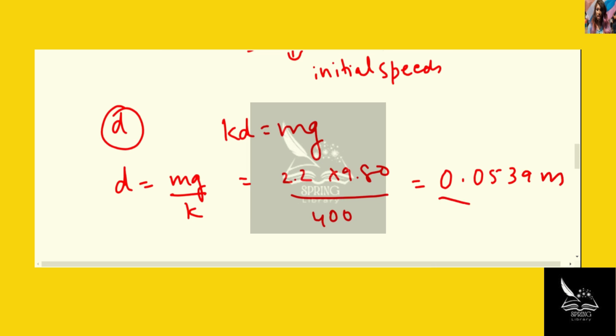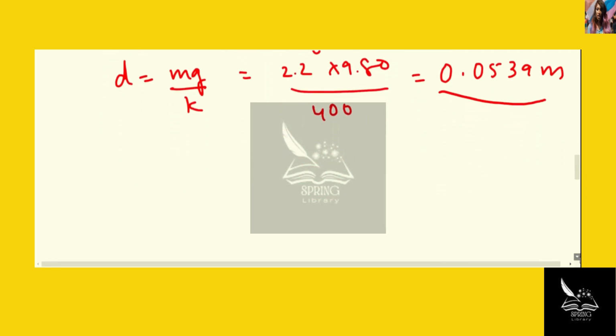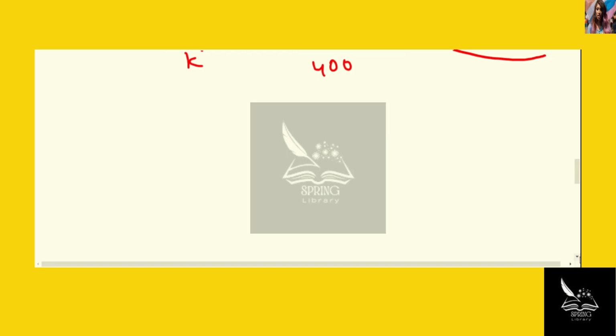Because of the weight of the stick, this much distance is more stretched. So just after the stick hits the pan, before the pan has had time to move, the stick plus pan is 0.0539 meter above the equilibrium position of the combined object.